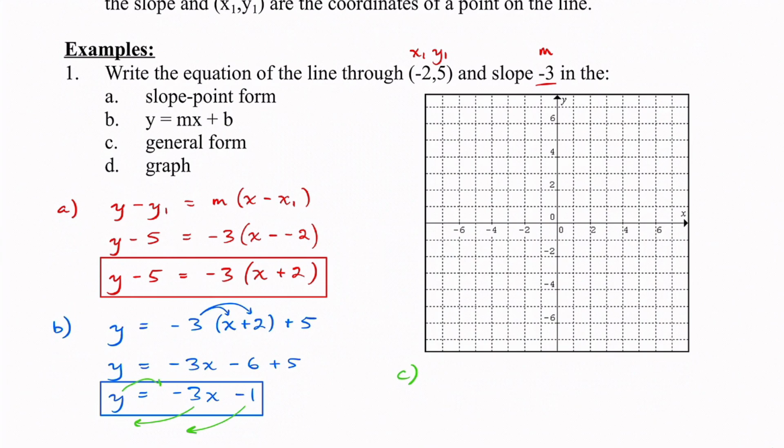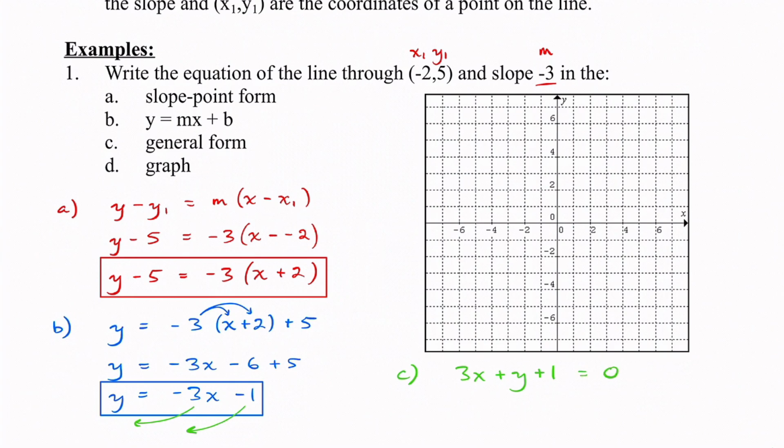Rather than moving it to this side where this is still negative, if I move the -3x over to the other side, then it's going to be positive. So when that -3x moves over, we're going to have positive 3x. And then there was a y already on that side, positive. It doesn't change sign because it didn't move. And then the -1 moved over, so it became a positive 1. And then we had nothing on the other side, so equals 0.